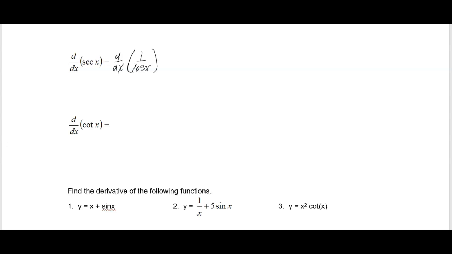This is another quotient rule, just like the one above it. We're going to leave our denominator alone, so cosine of x. And then it's the derivative of our numerator, which is a 0. Quotient rule, we subtract. Leave your numerator alone. Take the derivative of your denominator.